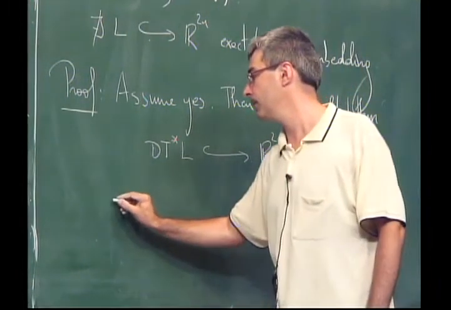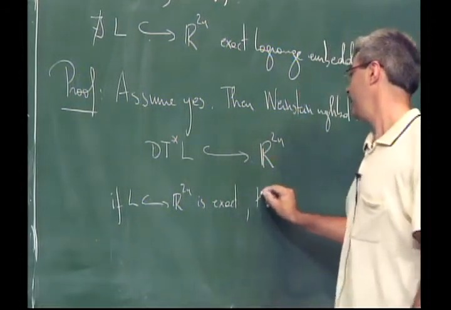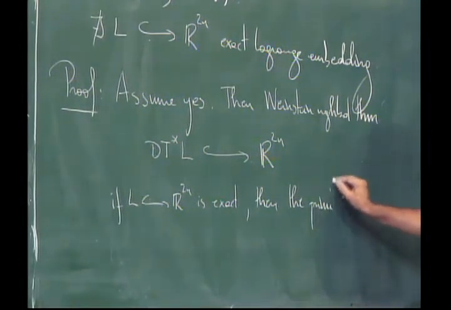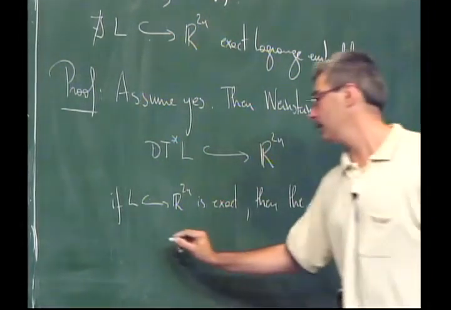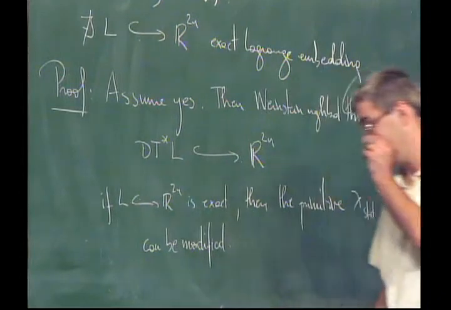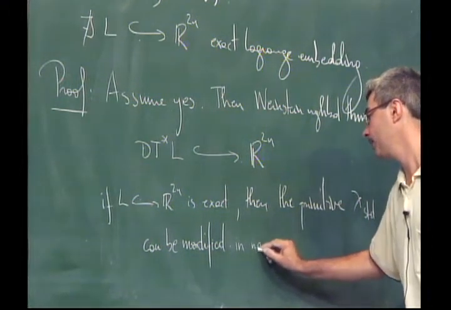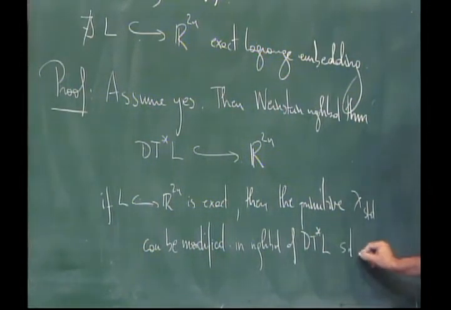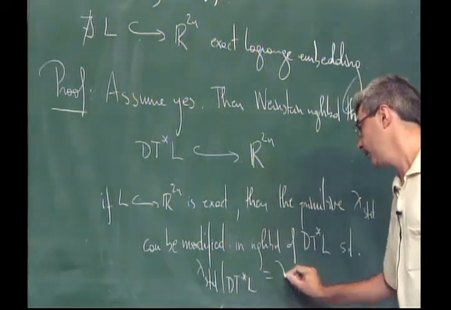And if the embedding of L into R2n is exact, then the standard primitive lambda can be modified in the neighborhood of this D*L, so that it restricts on D*L to the canonical primitive.